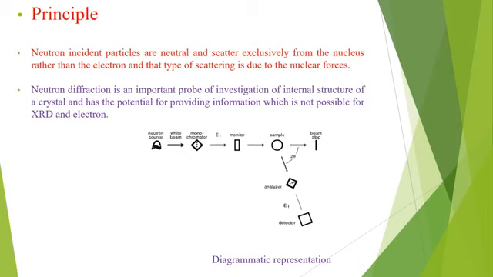The sample directs them at a certain angle towards the analyzer, and after passing through the analyzer, these neutrons reach the detector. Some portion of the neutrons also goes straight, where a beam stopper is used to stop the neutron beam.